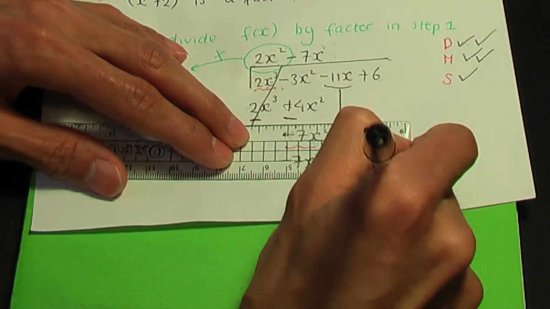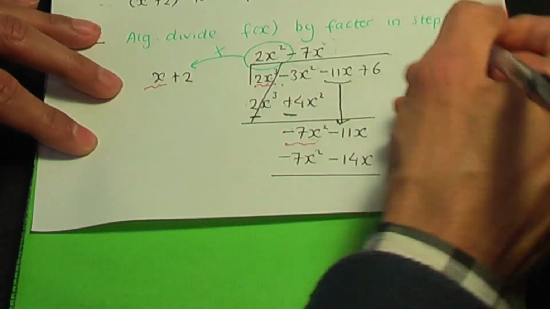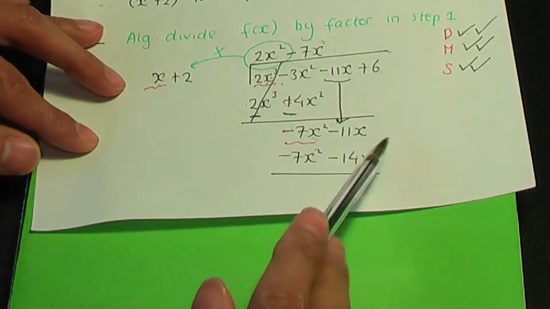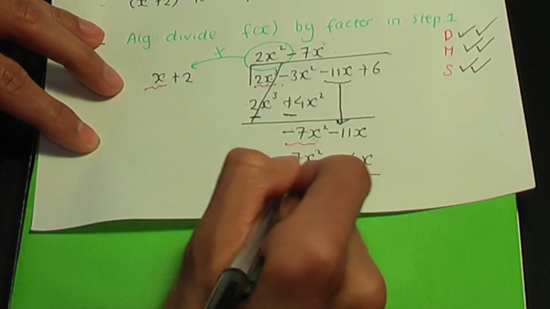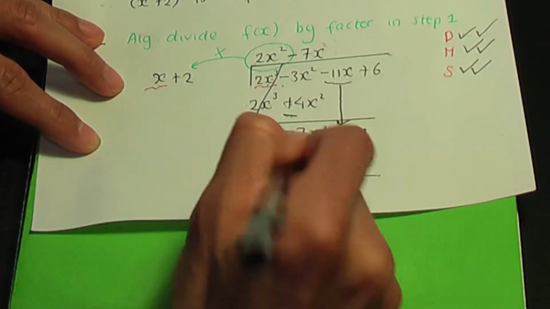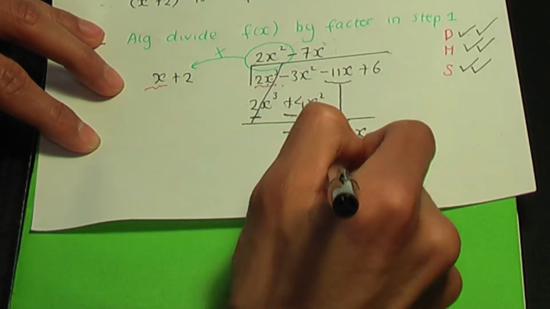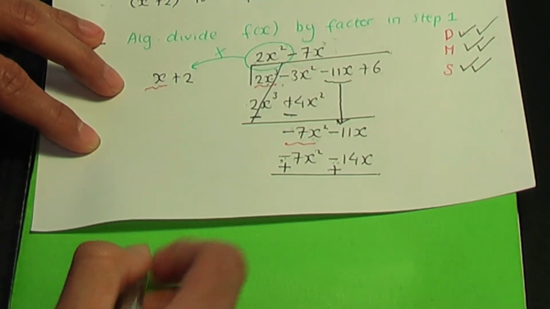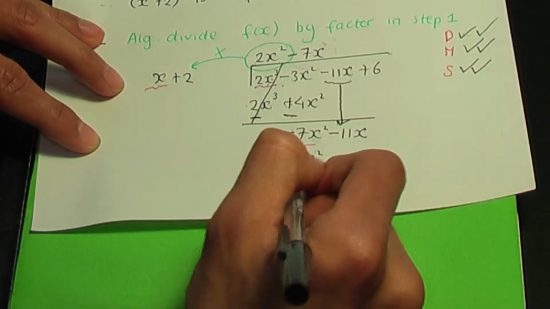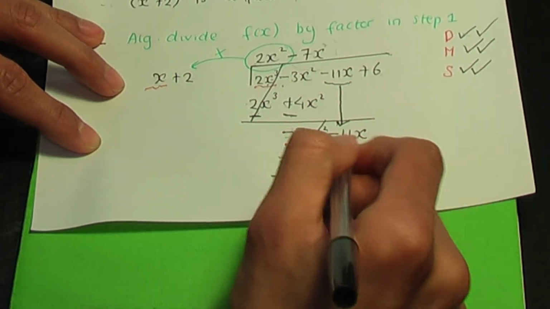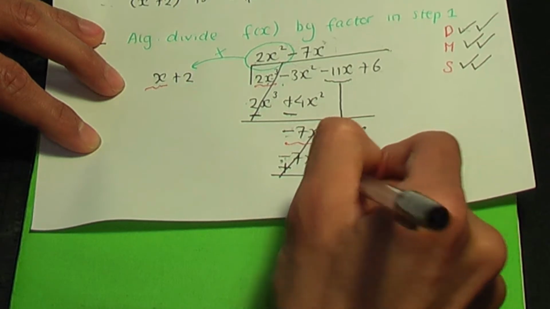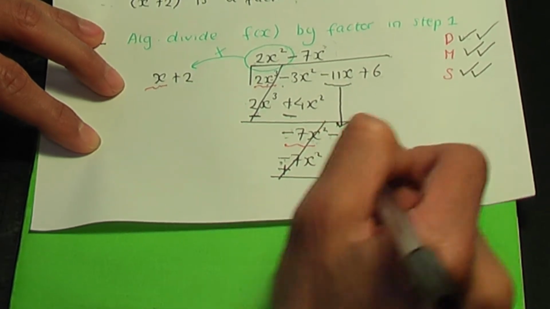So let's get ready for the next operation, and the next operation is S, subtract. So let's reverse the signs of these bottom terms. That minus reverses to plus, that minus reverses to plus also. Minus 7x squared plus 7x squared will cancel. Minus 11x plus 14x is plus 3x.